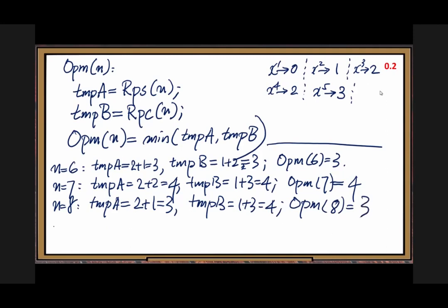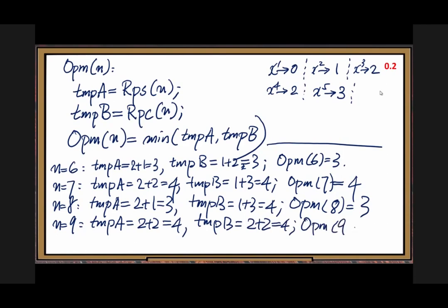Okay? So you get the idea. n equals 9. Temp A, mod 2, 1, divided by 2, 4, x to the 4, that's 2. 2 plus 2 equals 4. Okay? Temp B, mod 3, 0 remainder. So divided by 3, 3 is 2. 2 plus 2, also 4. So op of 9 equals 4.